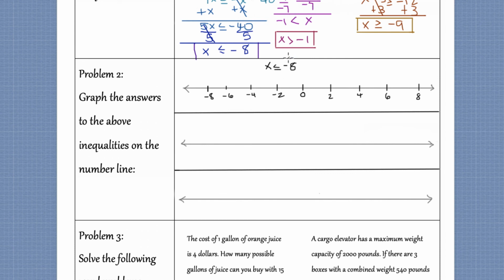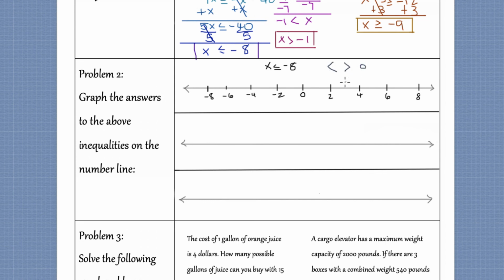So the next thing we're going to want to figure out is if we are going to use a closed circle or an open circle. So remember what we had said about the signs indicating whether we use a closed or an open circle. Remember that when our signs were just less or just greater, we used an open circle.